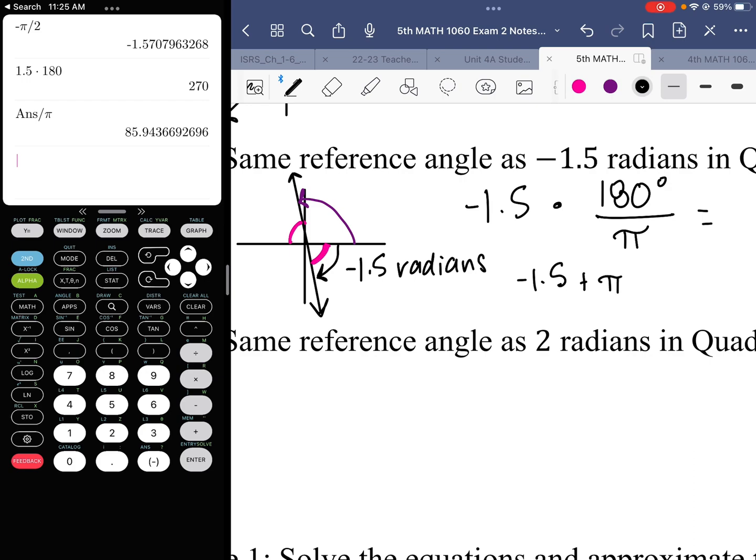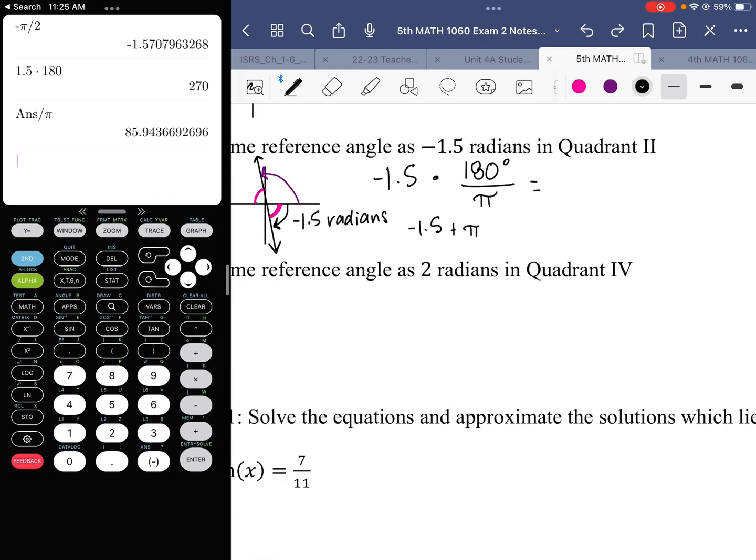The reason I say we would add pi is because we'd go from here to here. That is 180 degrees. That forms a straight line. So from negative 1.5 up to that is going to give us the proper angle.